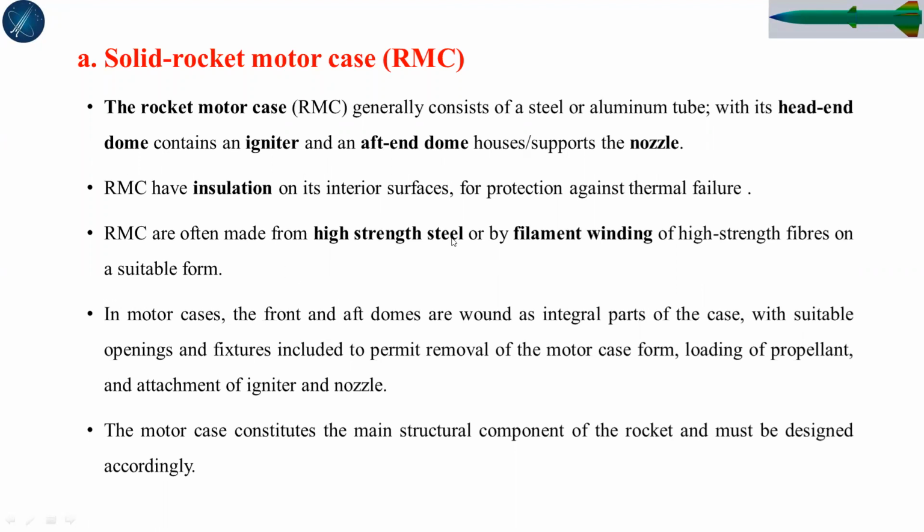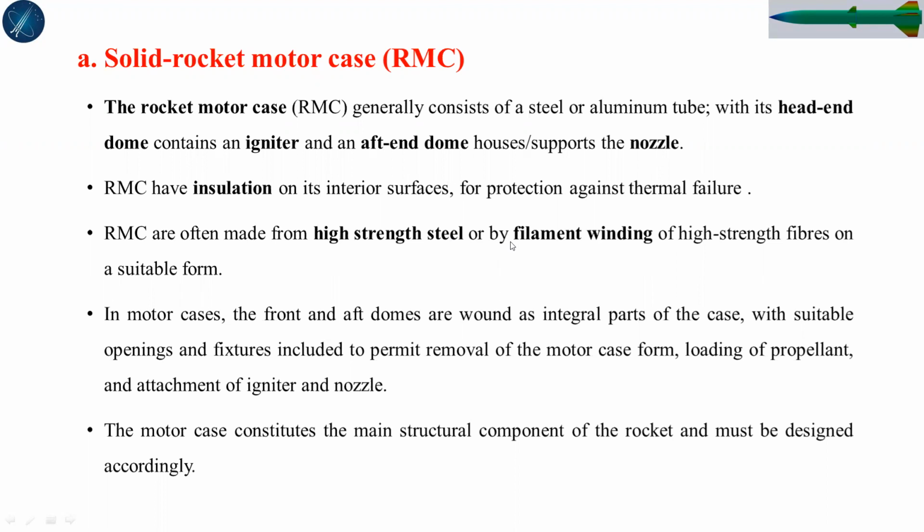High strength steel is highly dense, and our requirement is to have a less dense material, because less density contributes to less weight. So sometimes we use composite made by filament winding.